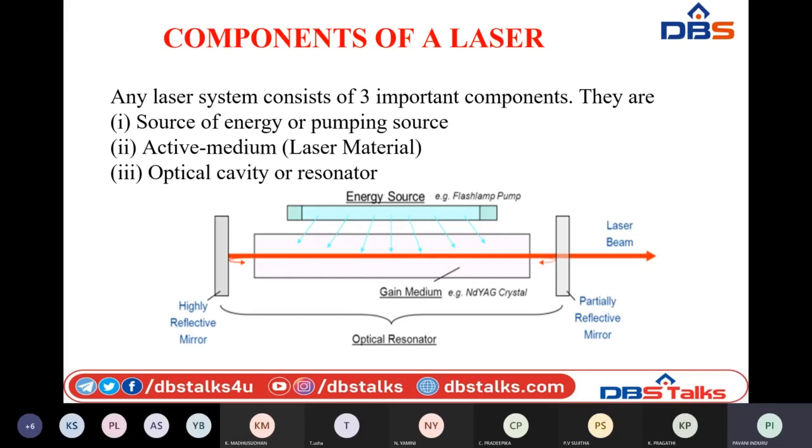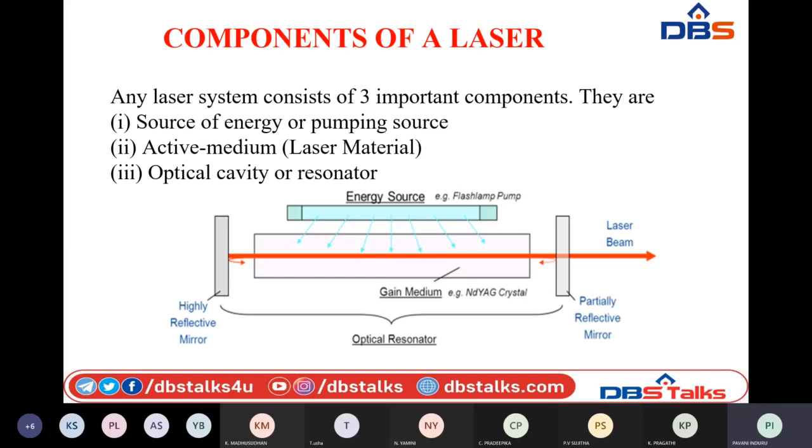This unidirectional, monochromatic beam is generated with the help of the optical cavity or resonator. What materials are required? The materials required for the optical cavity are a highly reflective mirror and a partially reflective mirror, which are located at the two end faces of the active medium.